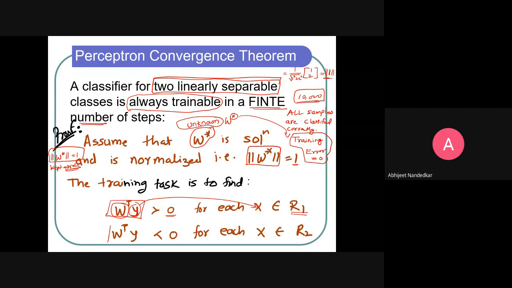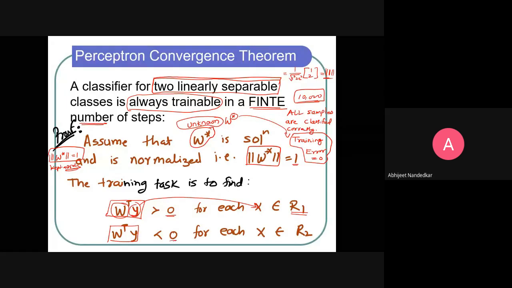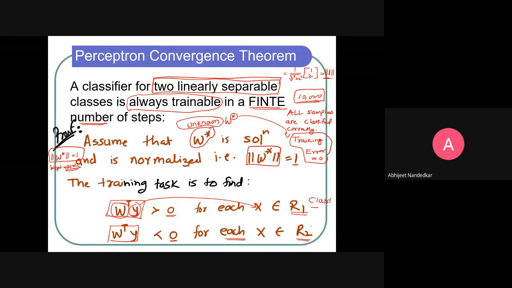Similarly, W transpose Y should be less than 0 for each input that belongs to class 2.